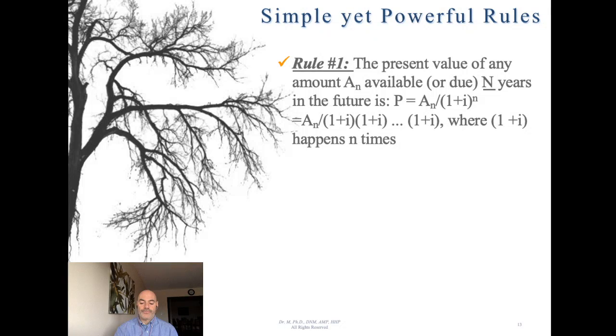Rule number one, you take the present value of any future amount available or due n number of years in the future, and you can write it out as present value, which is P, equals the future denominated asset divided, or stated differently, discounted by 1 plus nominal interest rate raised to the power n.